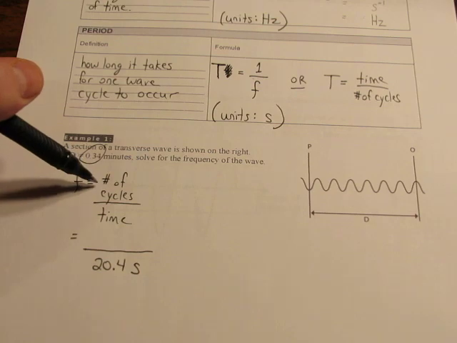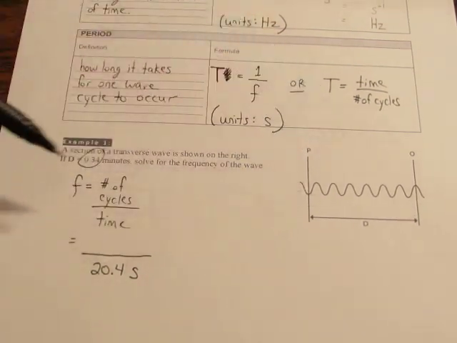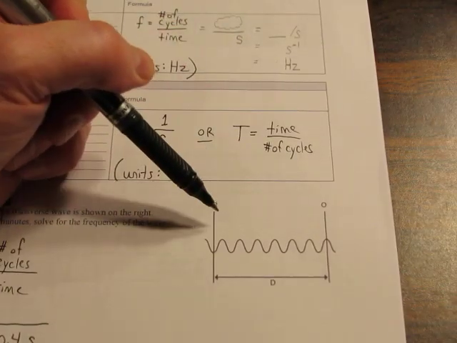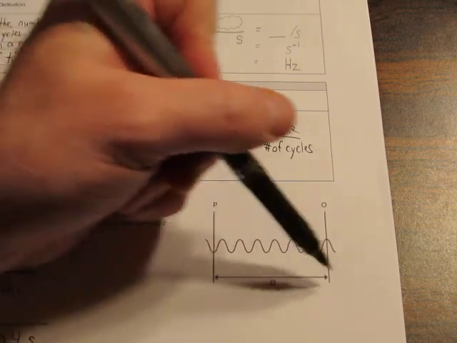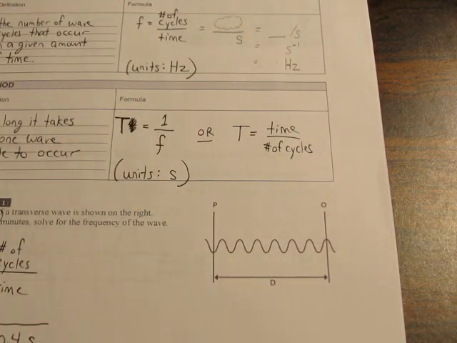For number of cycles, it doesn't tell you. So here's what I mean. If there's a diagram given, it's given for a reason. We need to know how many cycles are shown in this diagram from P to O, the distance of D as it's indicated. So count them. And remember, the easiest way to count wave cycles is to go from crest to crest or from trough to trough.